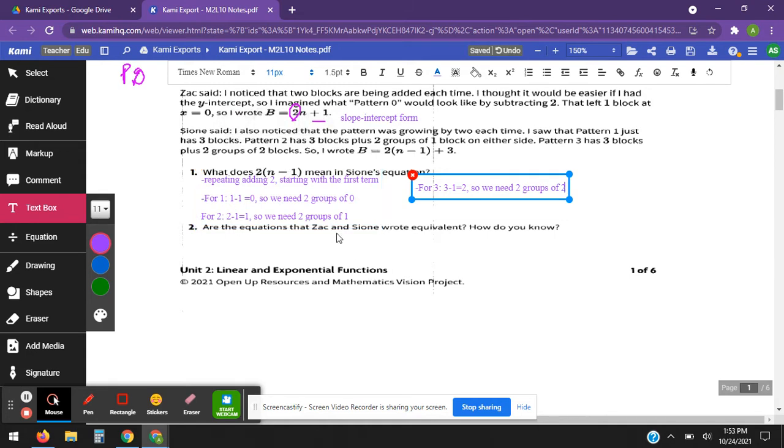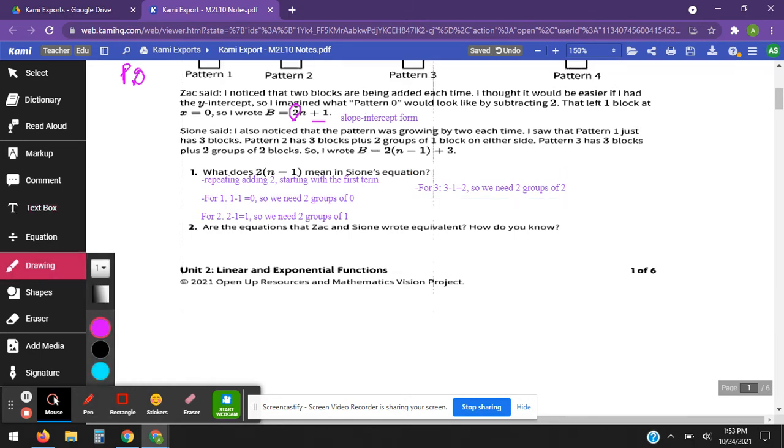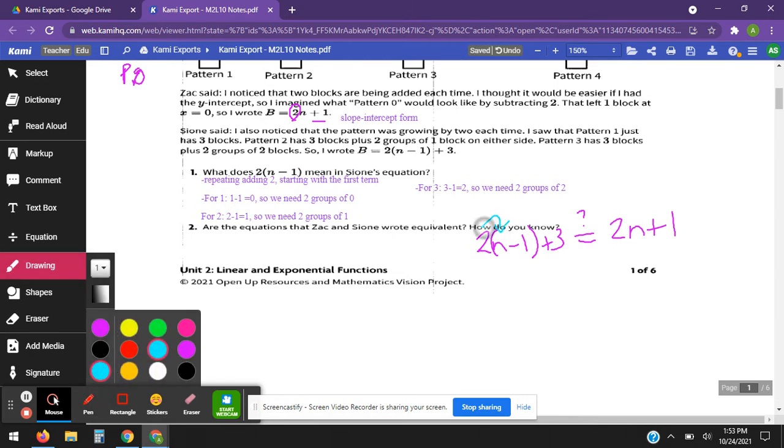So are the equations that Zach and Sion wrote equivalent? How do you know? Let's see. Can we solve one to reach the other? So I'm going to scoot over here a little bit and do it on this side. Does 2 times n minus 1 plus 3 equal 2n plus 1? Well, if I distribute my 2, I end up with 2n minus 2 plus 3.